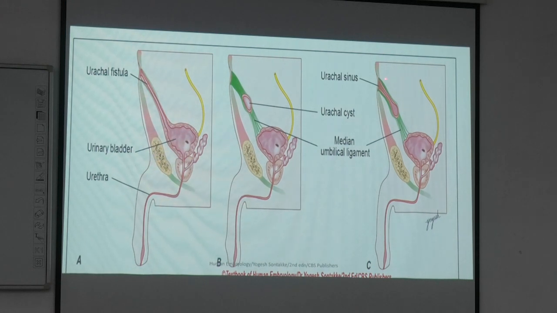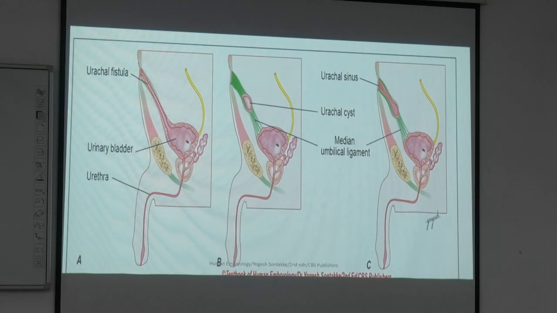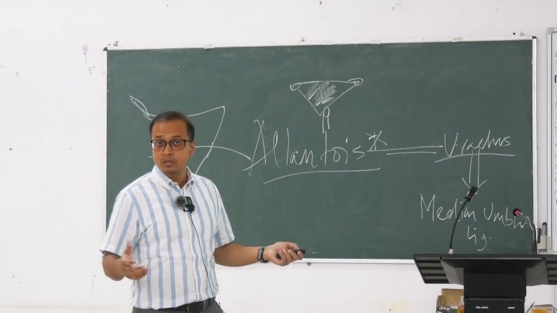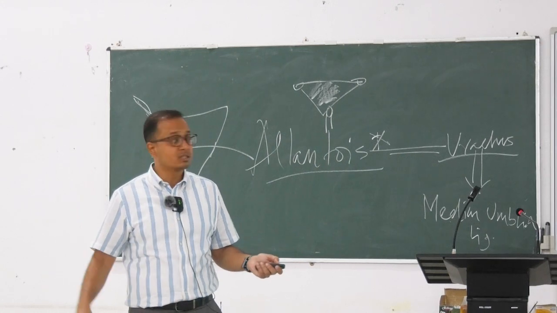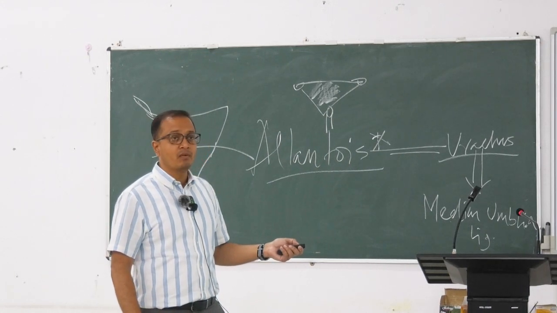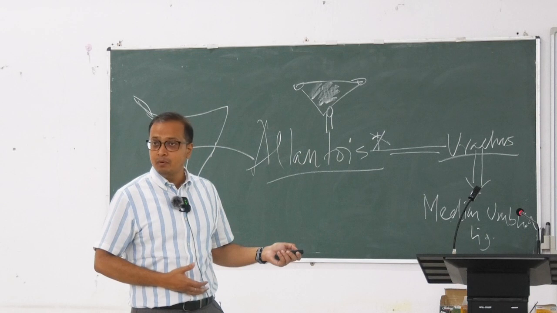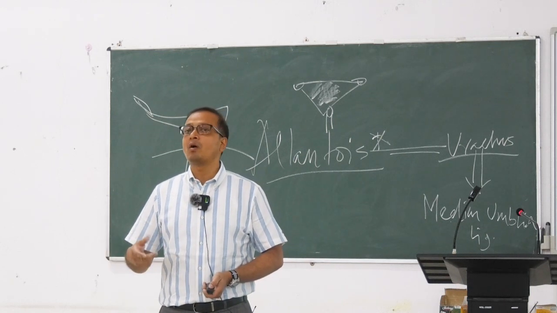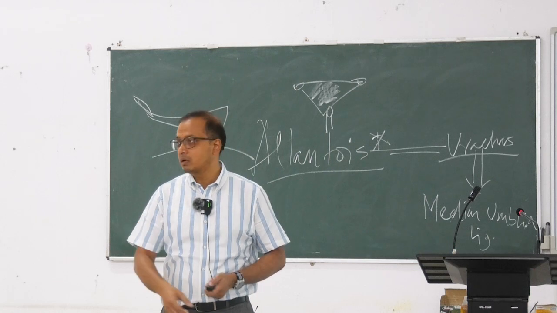Now, if this tract is there, we have some tissues in it, and if this tissue is infected, that means we have an infection which leads to the formation of pus. This kind of individual will come to your clinic, maybe an adult, maybe a young individual, not necessarily a kid, with recurrent infections here, pain in the abdomen in the umbilical region, and discharge of pus through the umbilicus.